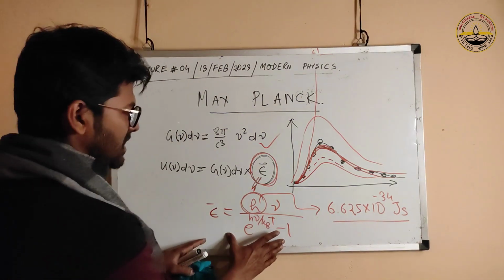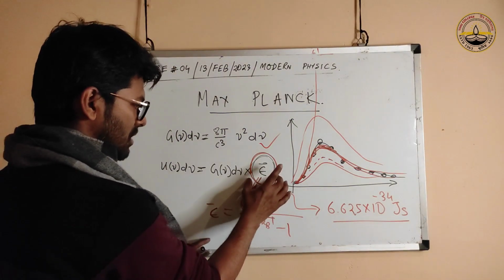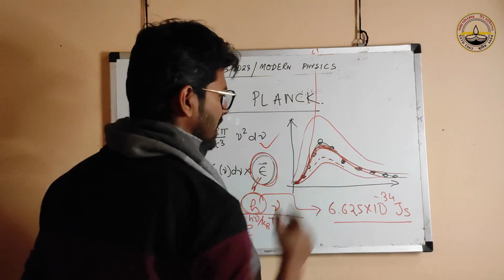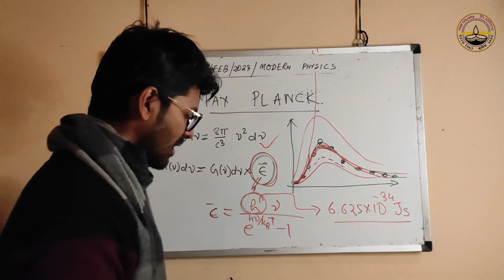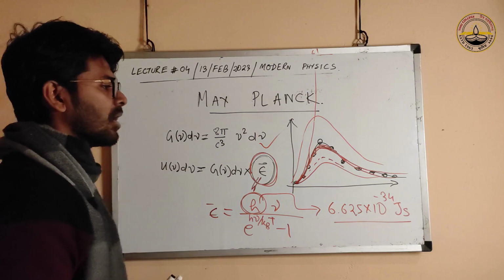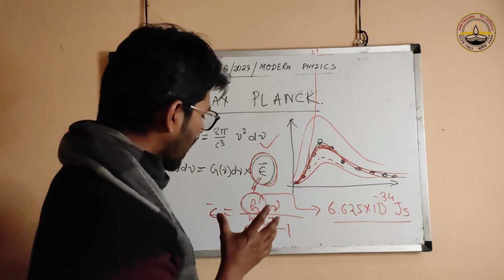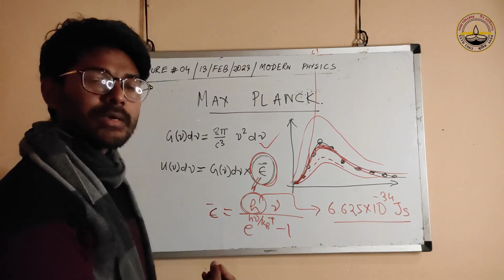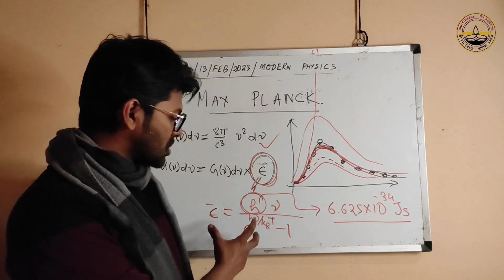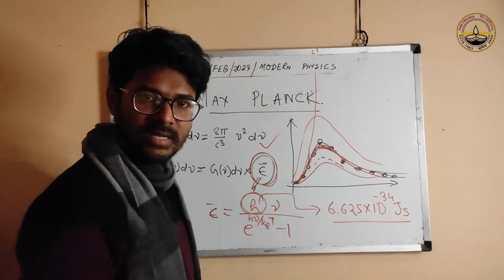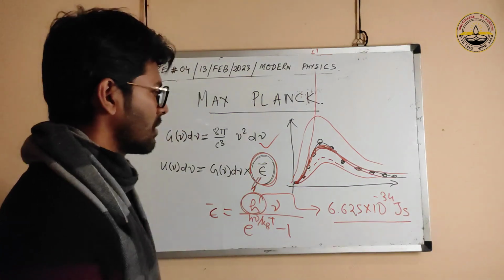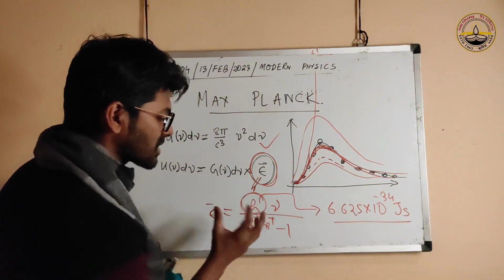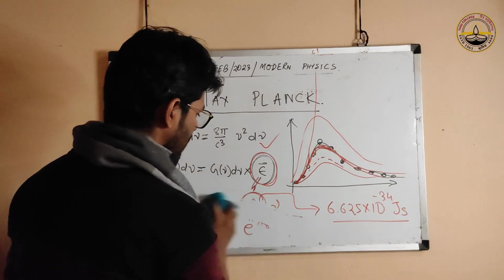Anyway, this guessed function was inserted here by Planck and he explained the data. But even then, he had no idea what it meant. Where is this function coming from? Which physics is this function coming from? It was just a mathematical guess that would explain the data. But what is the physics that is giving this function?